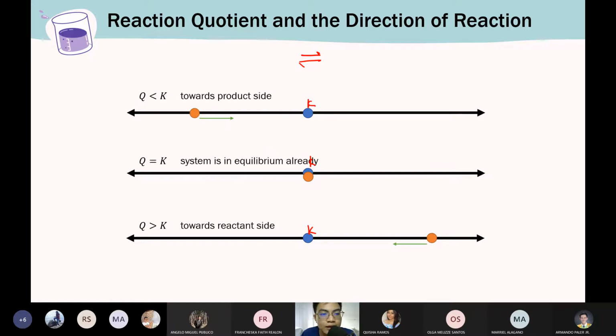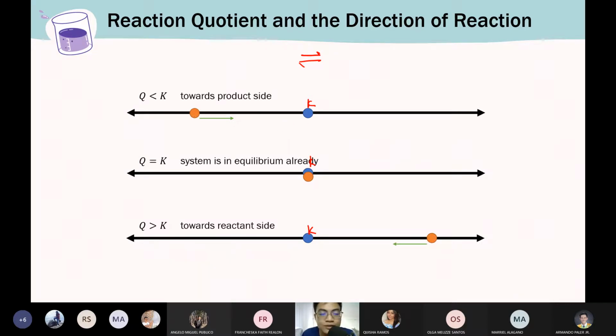If your Q is less than K, meaning that you are somewhere here in the number line. Okay? You are in the left of the K. Since you want to go to K, meaning your direction must go to the right side, meaning the direction of the reaction must be towards the product side. Okay? So again, ano uli nangyari? Yung K gusto natin puntahan. Okay?